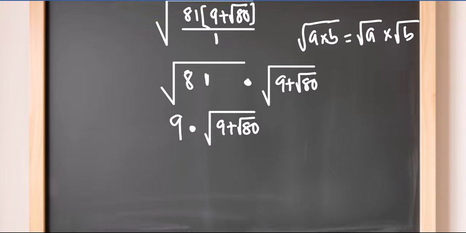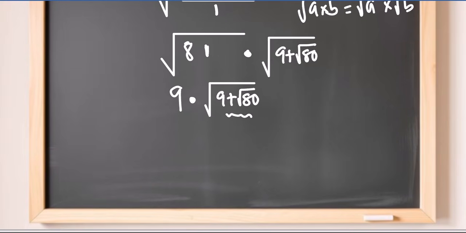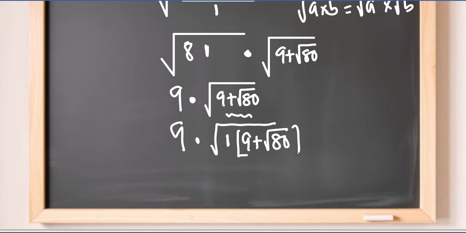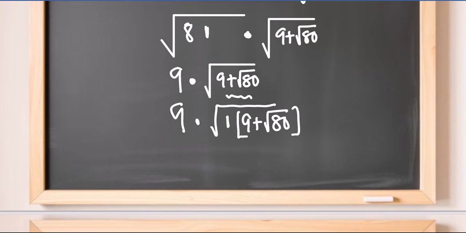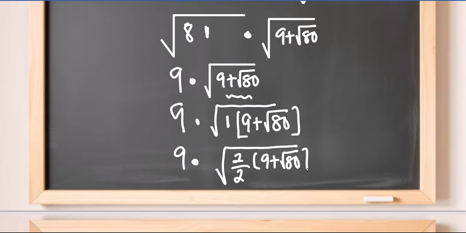Now, we need to focus on this. Solving this further here, I'm going to have my 9 multiplied by, I'm going to do a trick here, by saying 1 multiplied by 9 plus the square root of 80. And this is going to make a little bit of sense right now. So here I'm going to have 9 multiplied by the square root of, this 1 can be written as 2 divided by 2, in parentheses of 9 plus the square root of 80.